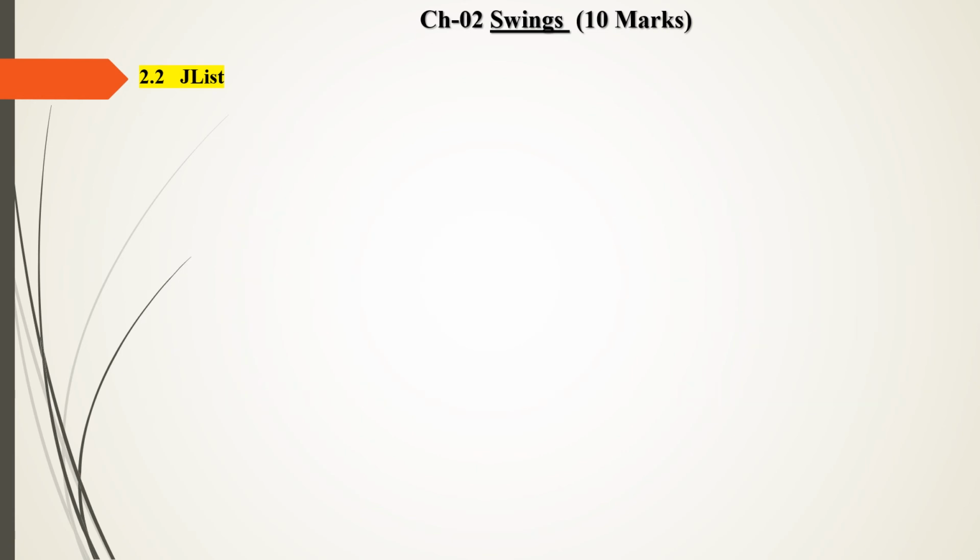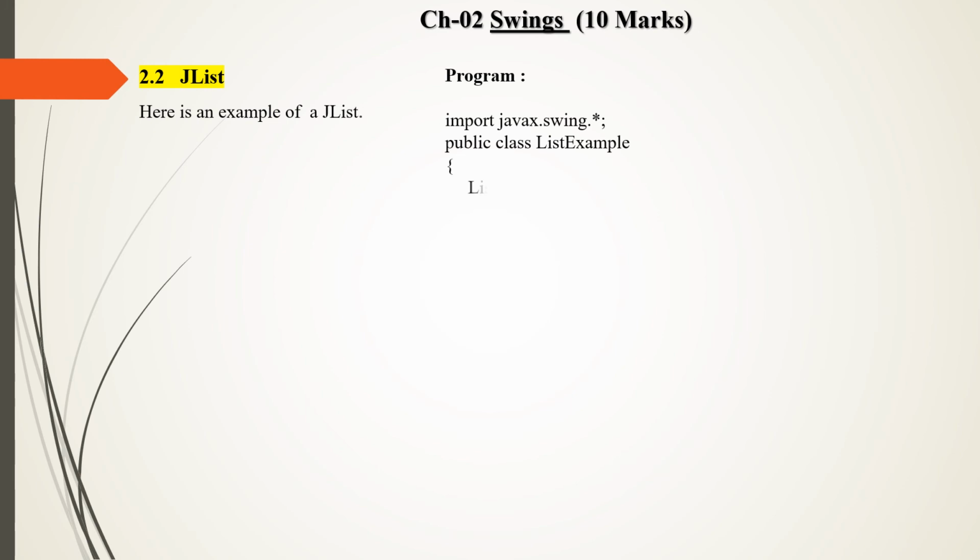Then next we see one example of a list. The program for JList. First, we import the Java Swing package. Next, we define one class, ListExample. Next, we define the constructor of ListExample.